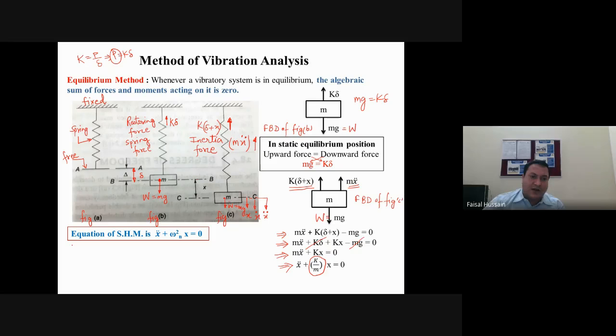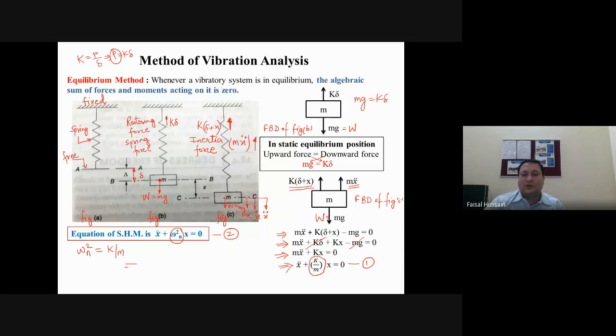If I compare this equation with my standard equation, and compare the coefficient of x, here it is omega n square in equation 2, and in equation 1 the coefficient of x is k by m.